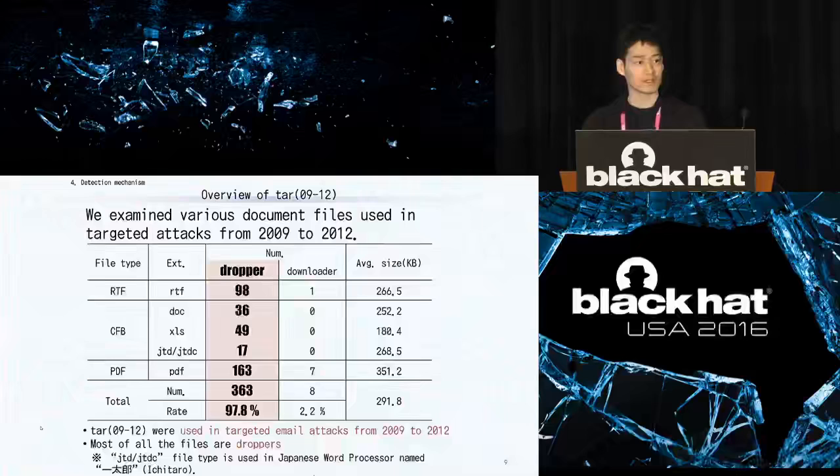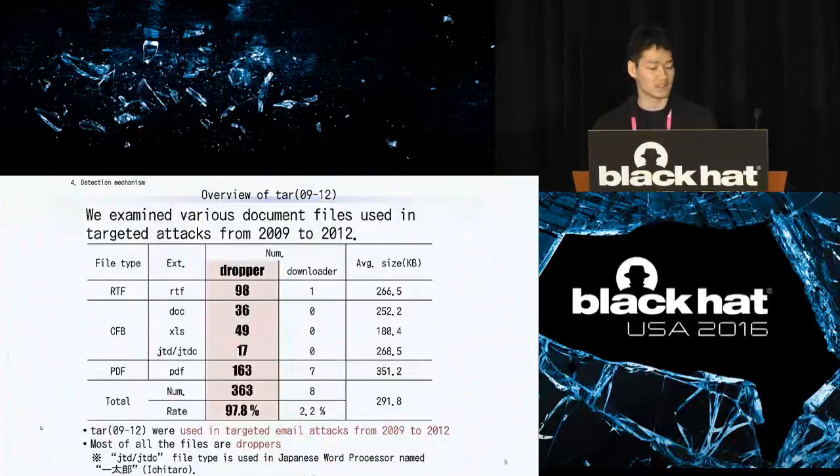I obtain various malicious document files from Japanese organization. These samples were actually used in the targeted email attacks. The breakdown of the obtained samples is shown in this slide. Among the listed file types, you may not be familiar with JTD file.